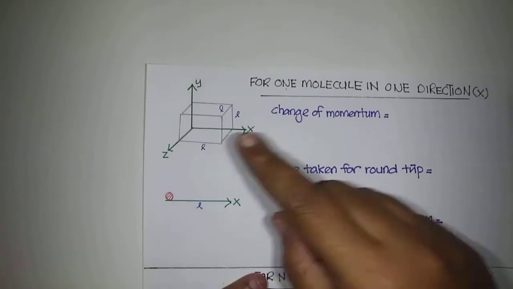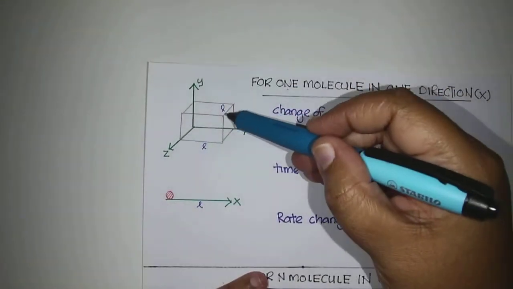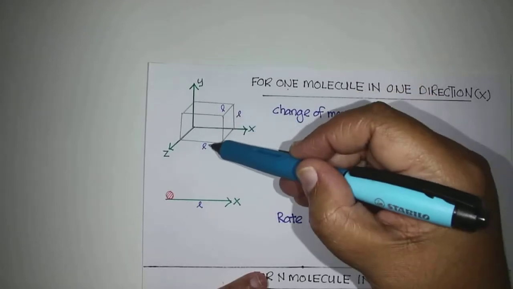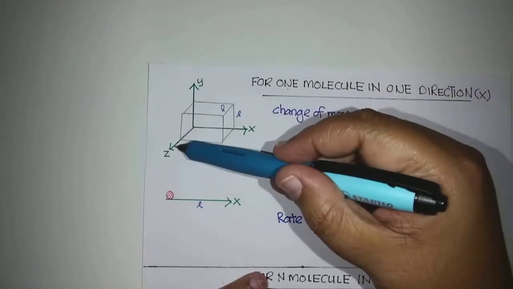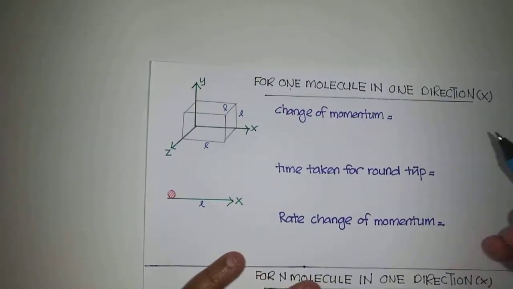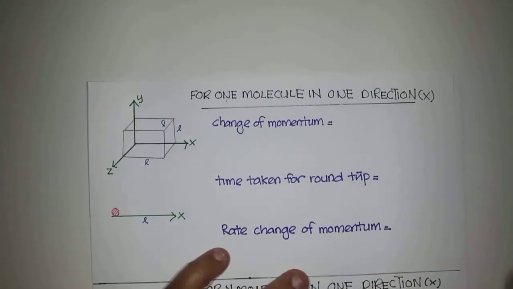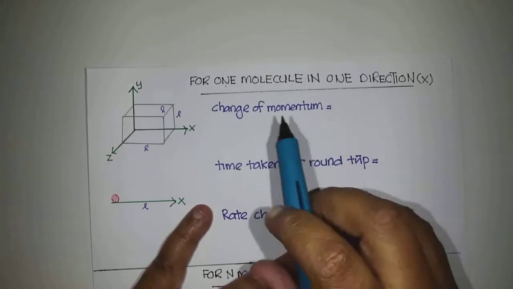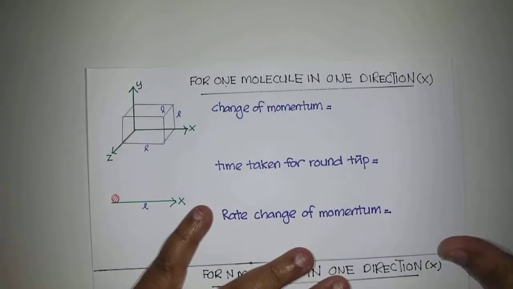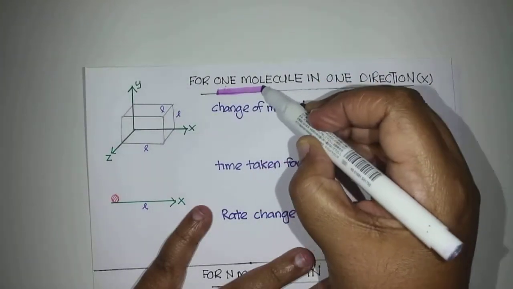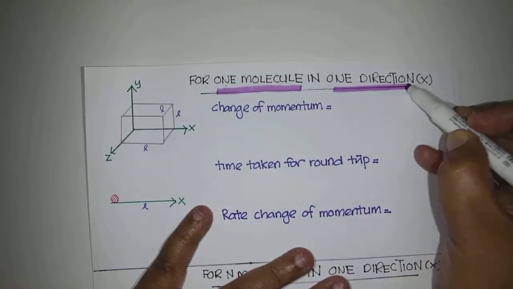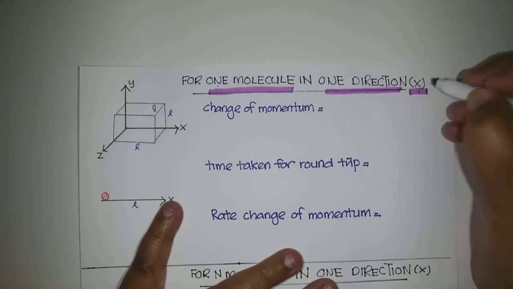We have a cube where each side is L, and we have 3 directions, x, y and z. Now we're going to prove the pressure of a gas by looking at one molecule in one direction, which is the x direction.